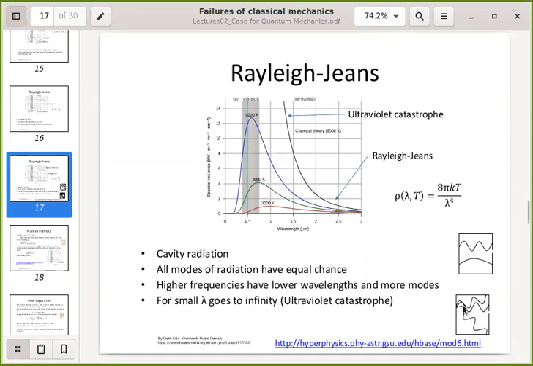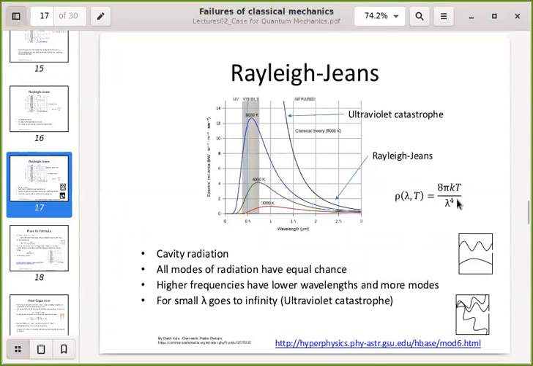What he was saying is that as you move towards ultraviolet, there are more ways you can set up a standing wave in a cavity. And the more ways that you can set it up, the more radiation would get emitted by that cavity.